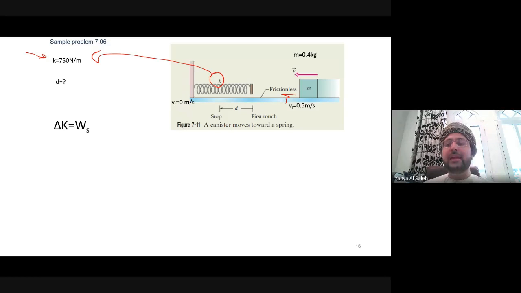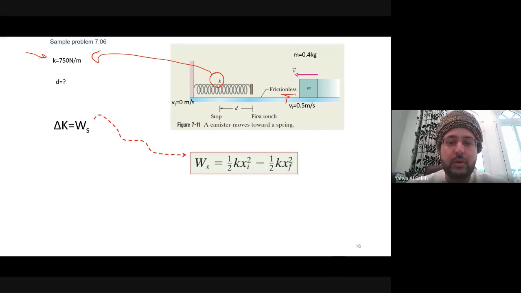You need a rather large accident for the airbag to deploy. There are many ways to do this, but the easiest way, because I know some of you are still thinking, why are we bothering with all of this? Why don't we just use F equals ma and the kinematic equations we did in chapter 3? Because this is much easier, although it doesn't sound like it at this point in your life. The net change in kinetic energy is equal to the work done on the spring, right?